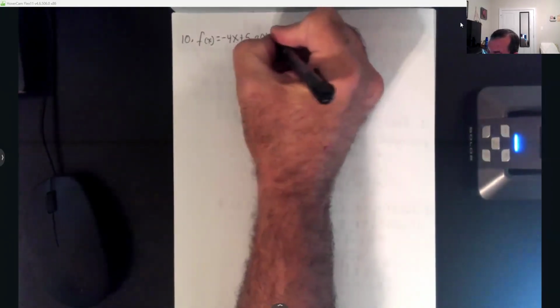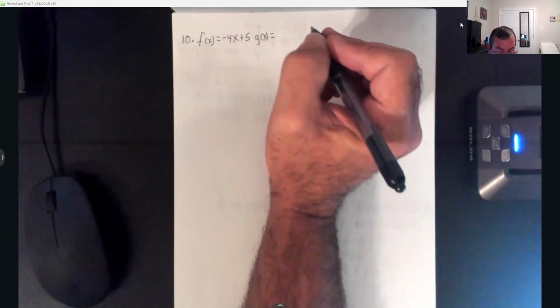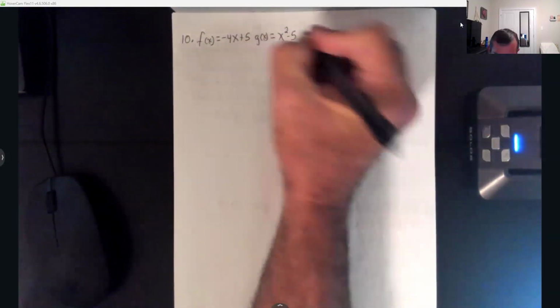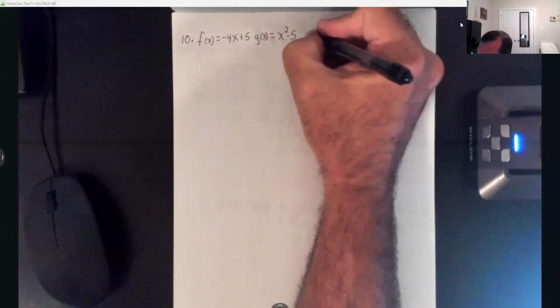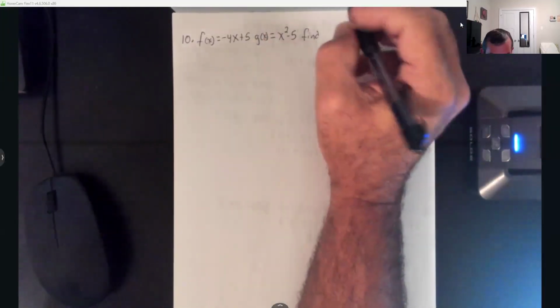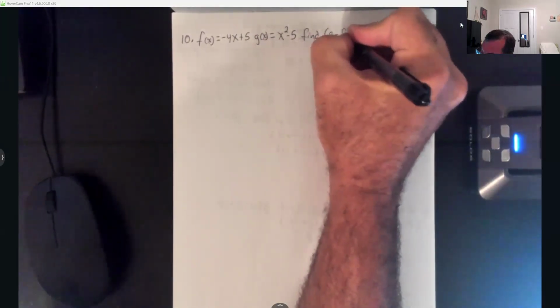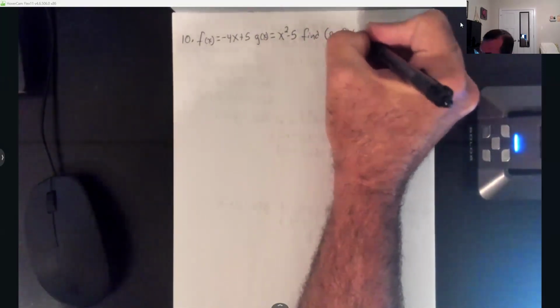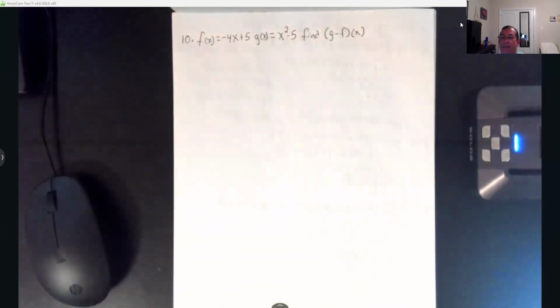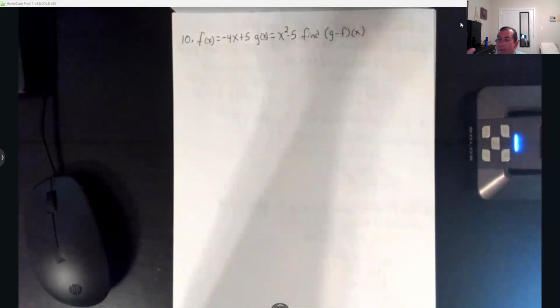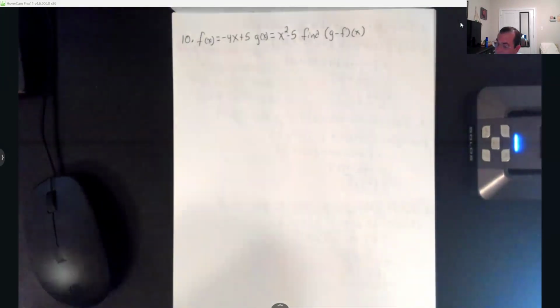G of x equals x squared minus 5. They want us to find, now y'all pay attention, g minus f of x. So you see what they did to us? They reversed that order on us.